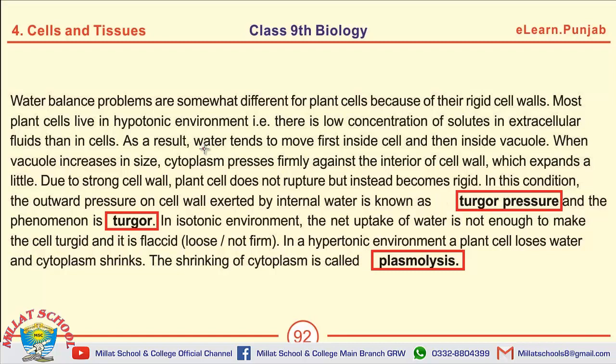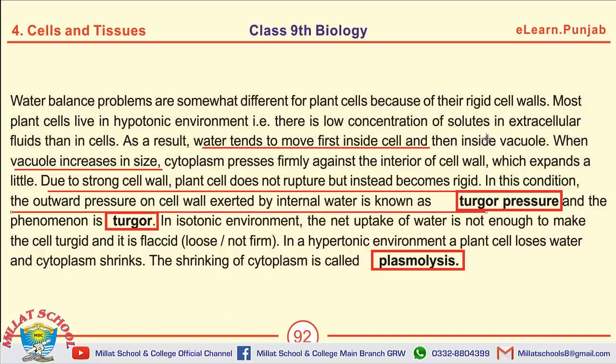When water moves inside the cell, the vacuole will increase in size, but due to strong cell wall, the plant cell doesn't rupture, instead it becomes rigid, and in this condition the outward pressure on the cell wall exerted by internal water is known as turgor pressure, and the phenomenon is called turgor. So both definitions are present in these lines.